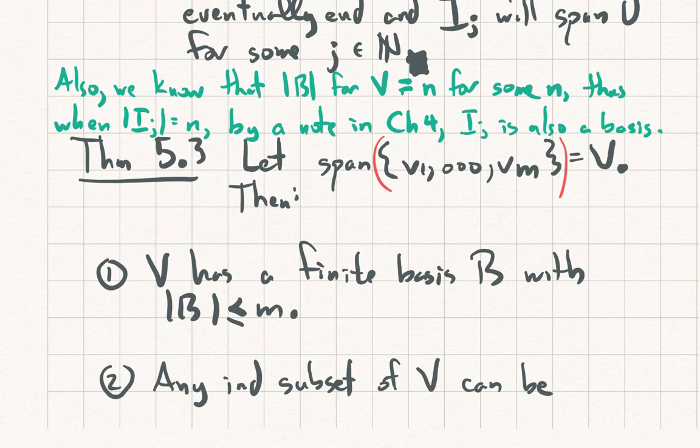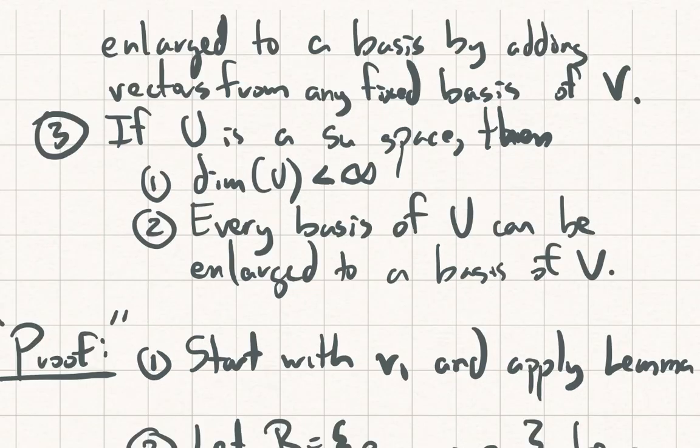The second thing, and this is across 2 slides, says that if we have a linearly independent set, we can enlarge it to a basis by adding vectors from any fixed basis of our vector space V. That's very, very important, very interesting.